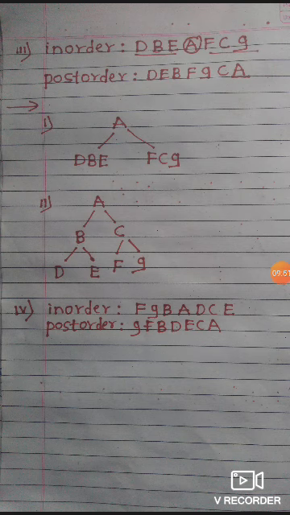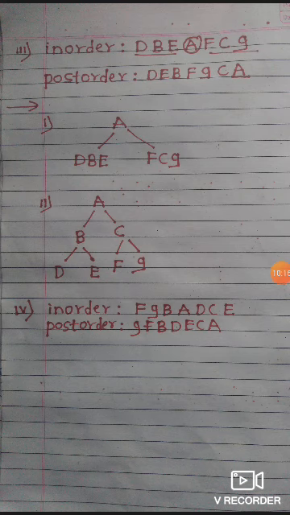So B is added at the left of A. Again we search for character B in the in order sequence. D is situated at the left of B and E is situated at the right of B. Therefore, we add D at the left of B and we add E at the right of B.